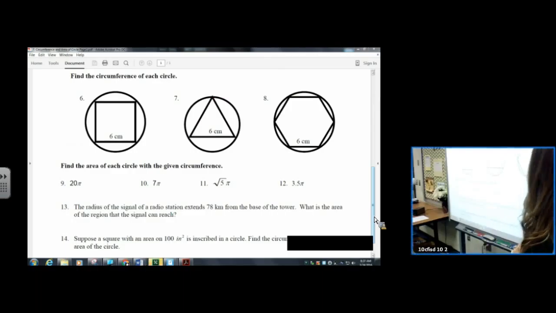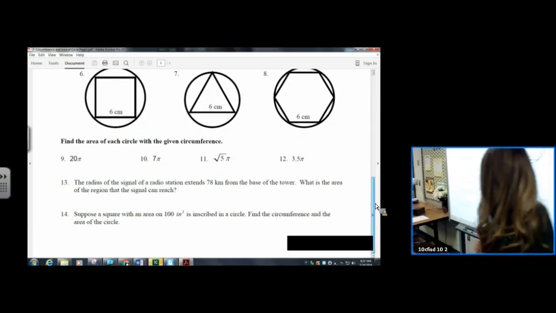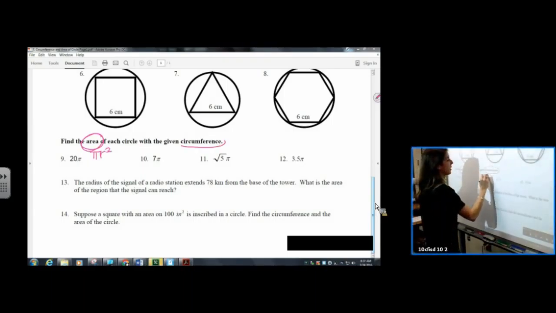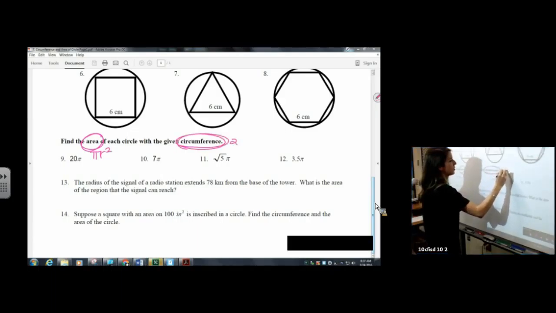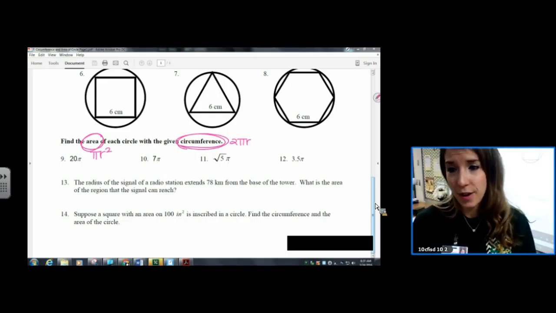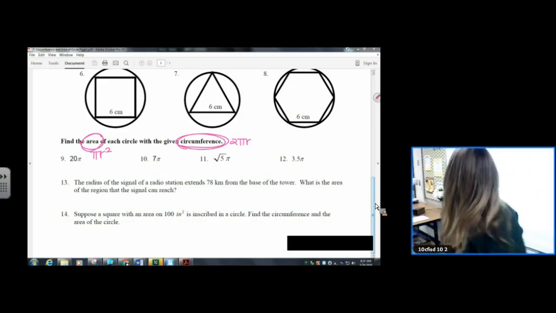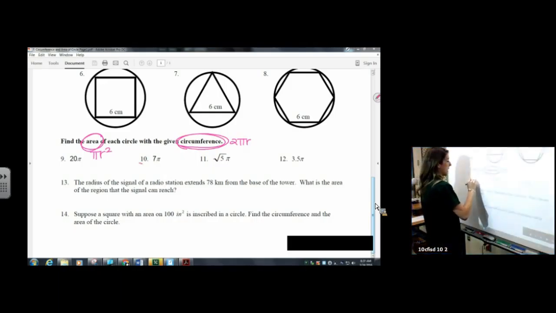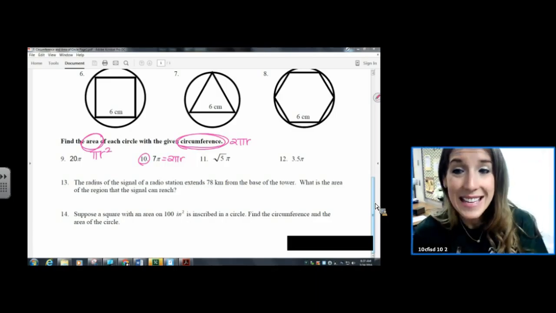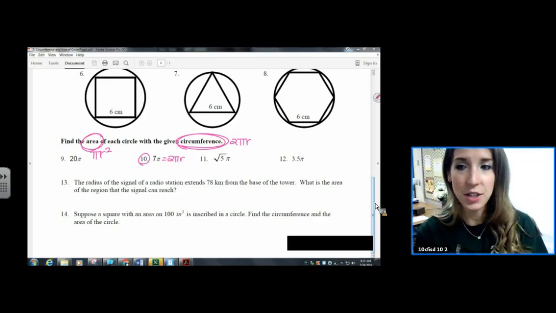Okay, number 10. Find the area, pi r squared, of each circle with the given circumference, 2 pi r. So we have the circumference, and we need to convert it to an area. Let's start with number 10 by setting it equal to our circumference formula. 7 pi is 2 pi r because it is the circumference.